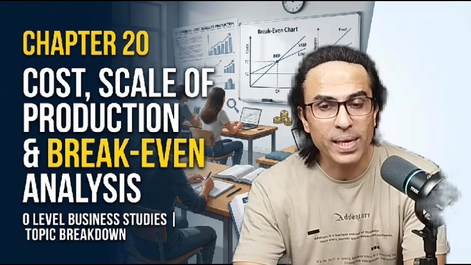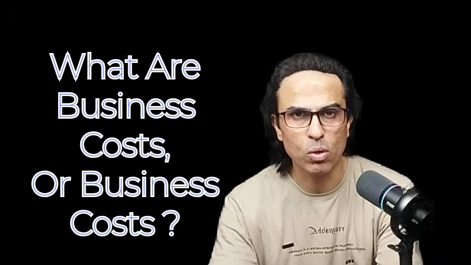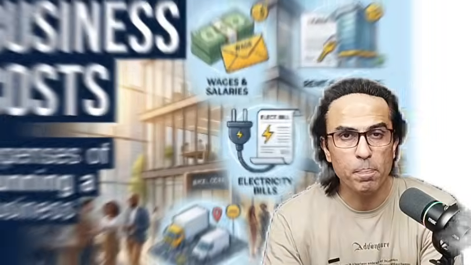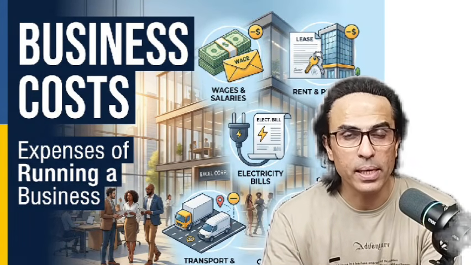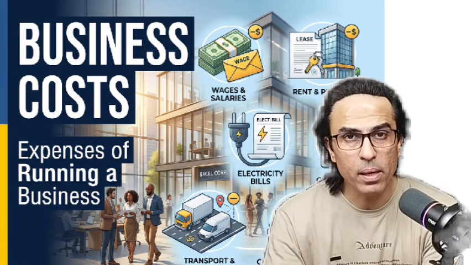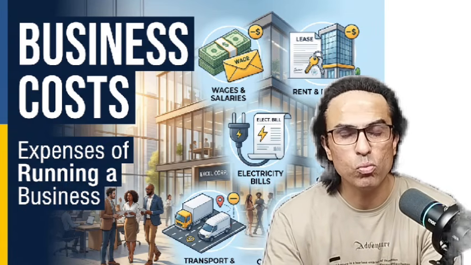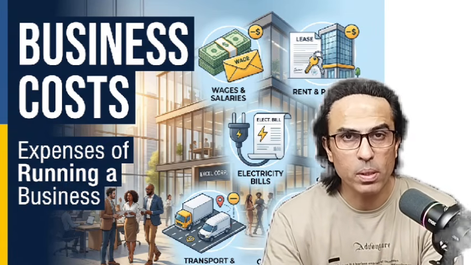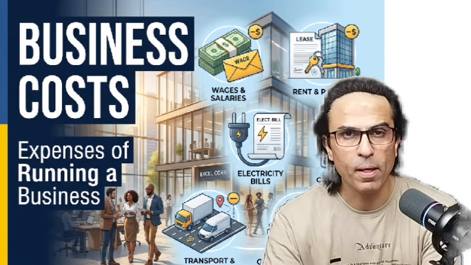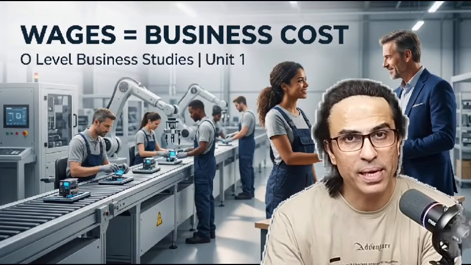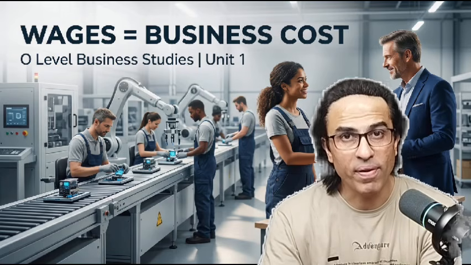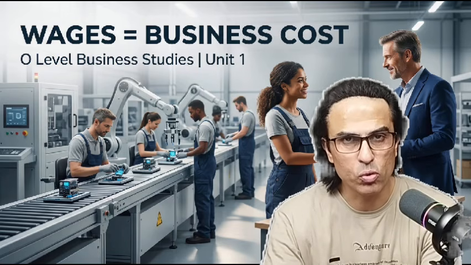Before we get into it, we need to understand what business costs are. Business costs are expenses of the business, like the money which you spend to run a business, to start a business, to support business operations. For example, you pay wages to workers so that they can work in a factory to produce goods.